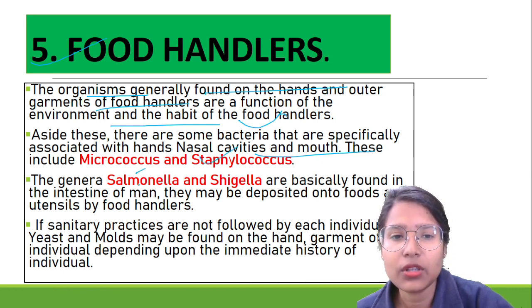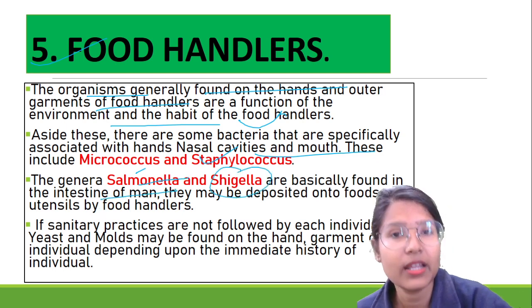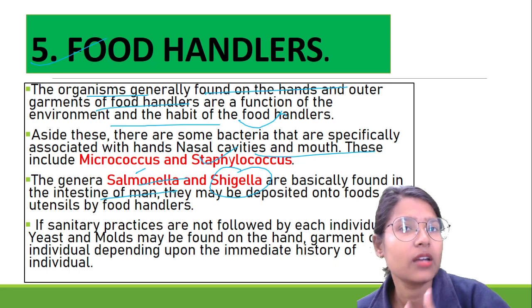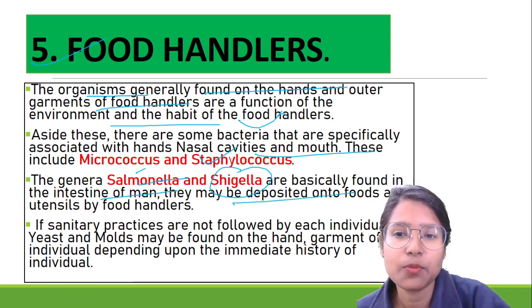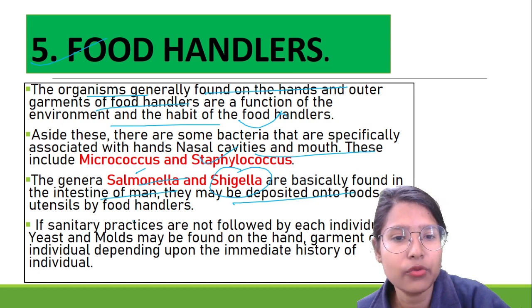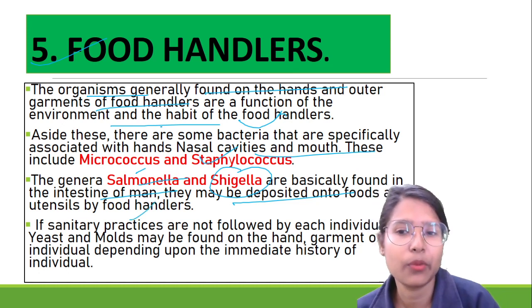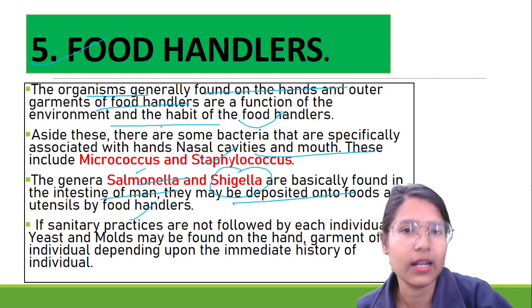The next ones are the genera Salmonella and Shigella, which are generally found in the intestine of a man. If they get deposited on the food and utensils of a food handler, they may also get deposited into the food as well as onto the food handlers.